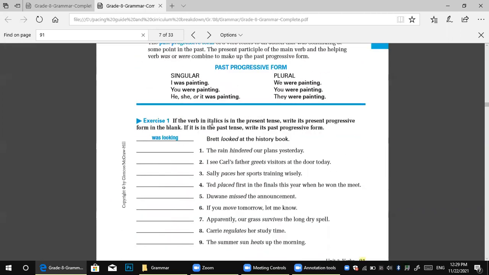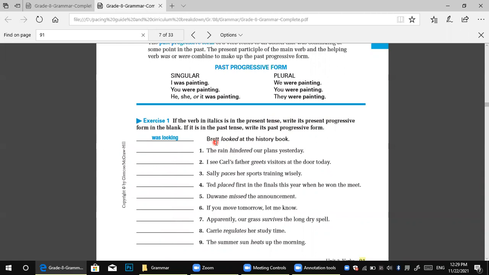The verb in italics, like in this example, you can see this, looked in the history book. If the verb in italics is in the present tense, write it in the present progressive in the blank.